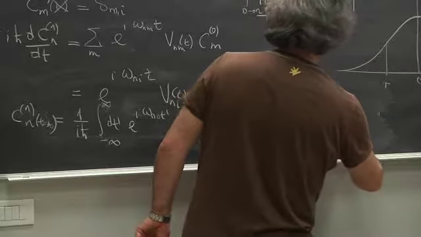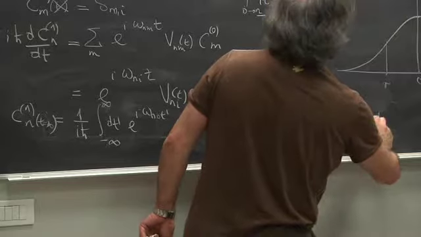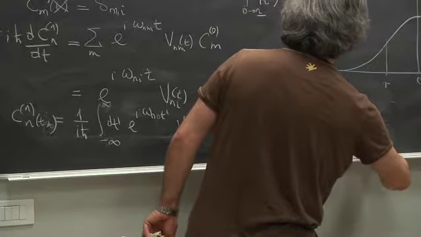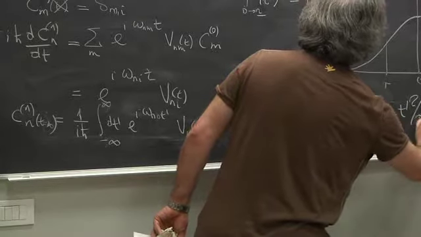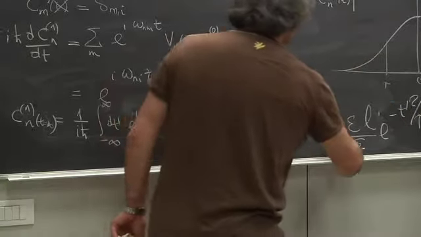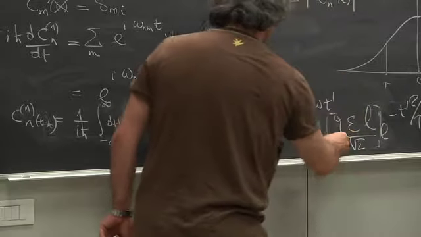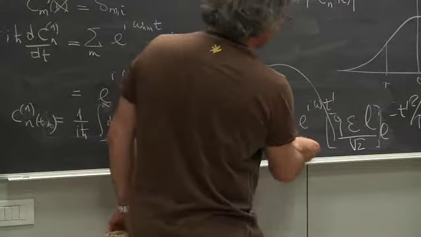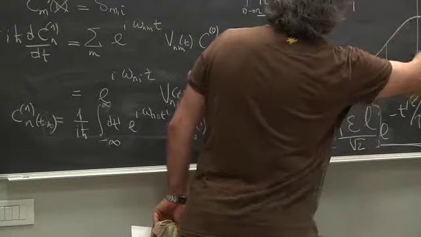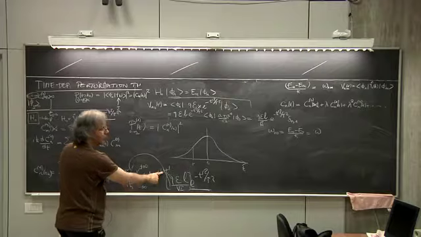I have q epsilon L over square root of 2 and e to the minus t prime square over tau square. So this is just a constant that I can put out of the integral. The only thing that I have to integrate is this Gaussian term, okay, a Fourier transform.